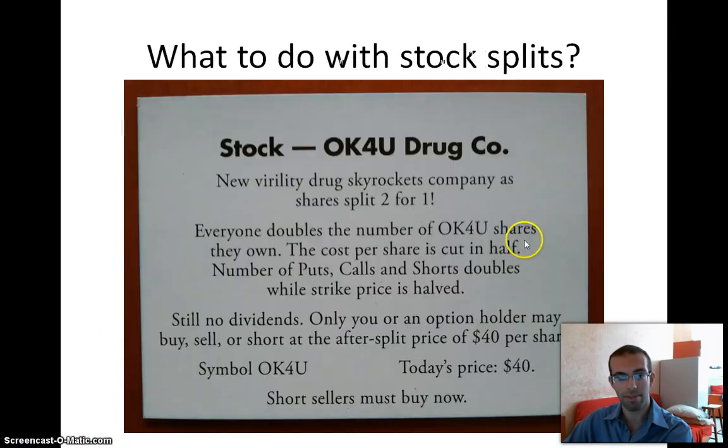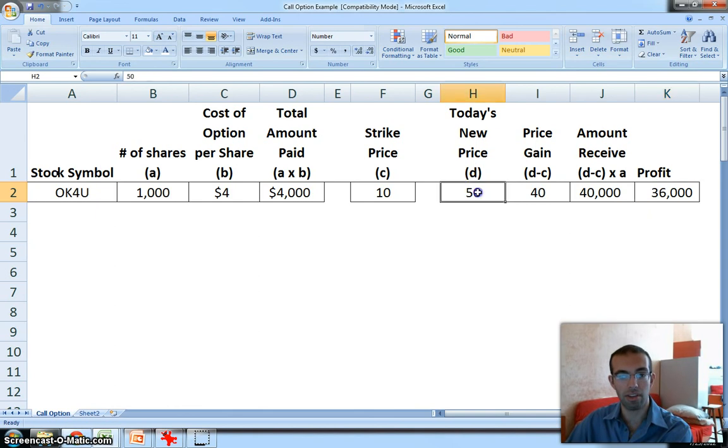All right. Now, what happens when there's a stock split? In this case, the stock split is 2 for 1, and the after split price is $40 per share. What that means, after split price of $40 per share, is that the before split price was $80 per share. So a simple thing you can do here is just put today's new price as 80, and that would calculate your profit there.